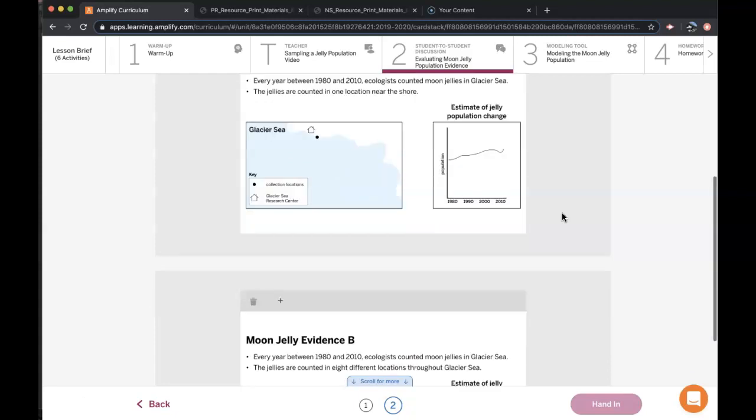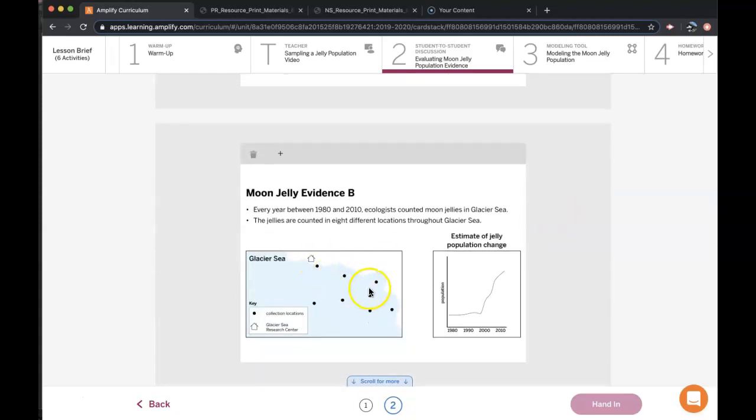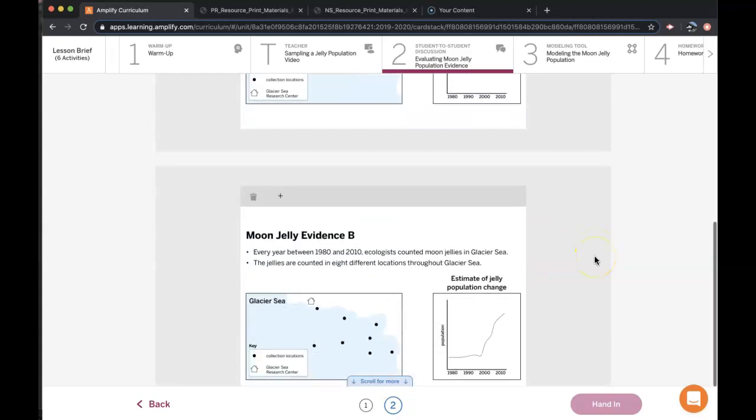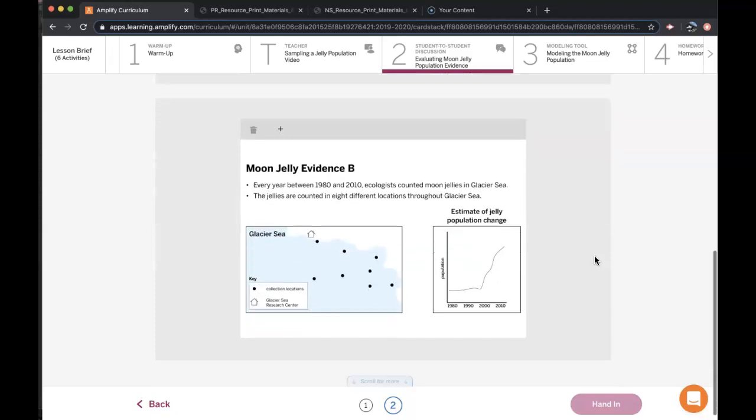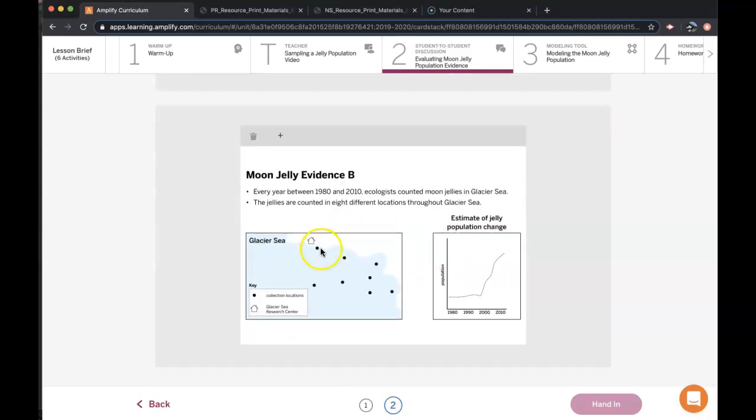Well, that doesn't seem very fair, because if I asked half the class, I'd probably get a completely different answer and I'd get an idea of what the class would like as a whole. So that's like this case. There are more samples being taken in different locations. So this represents more of the whole population of moon jellies because there's a bunch of different locations that moon jellies are being collected at.